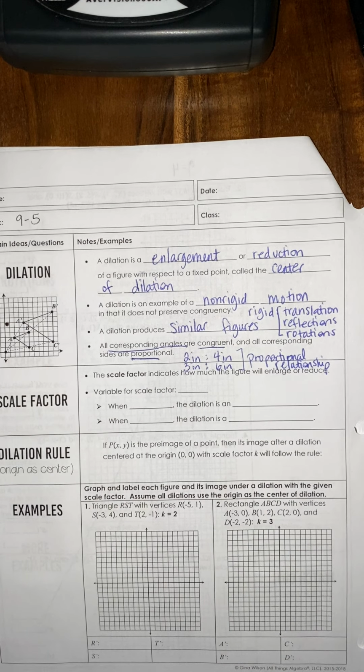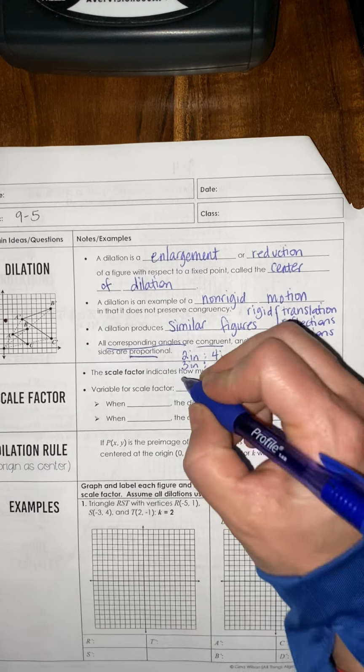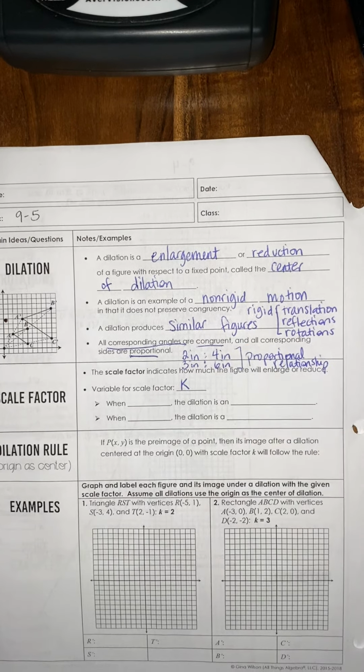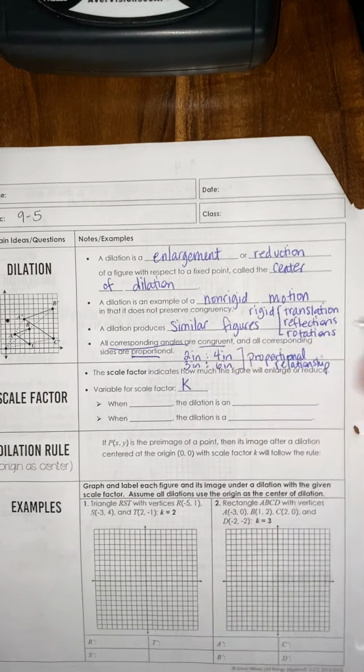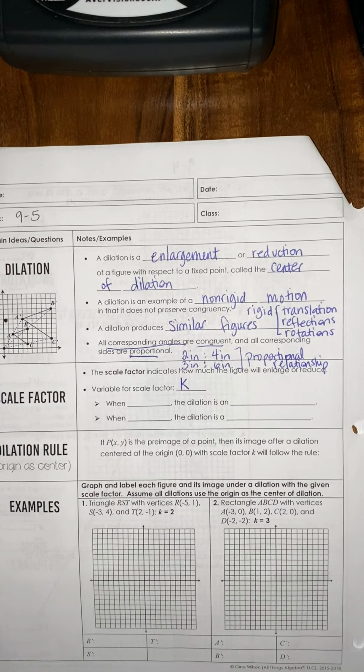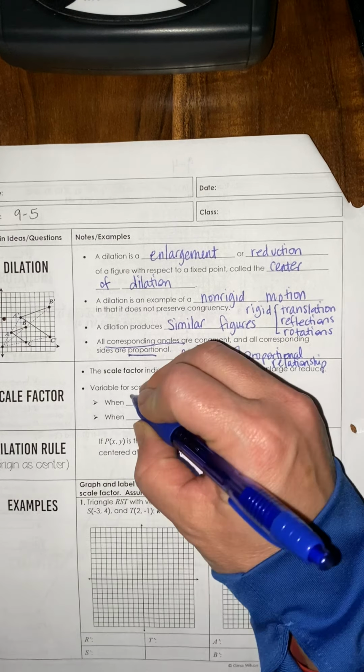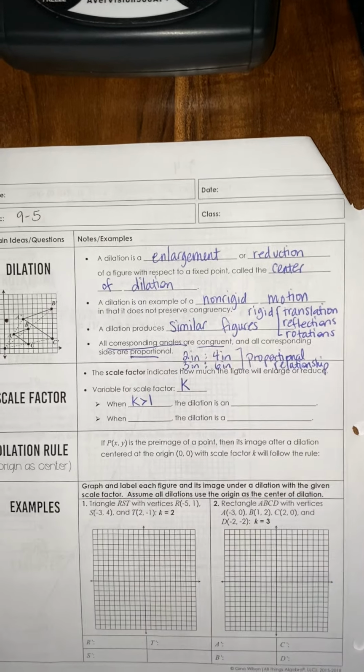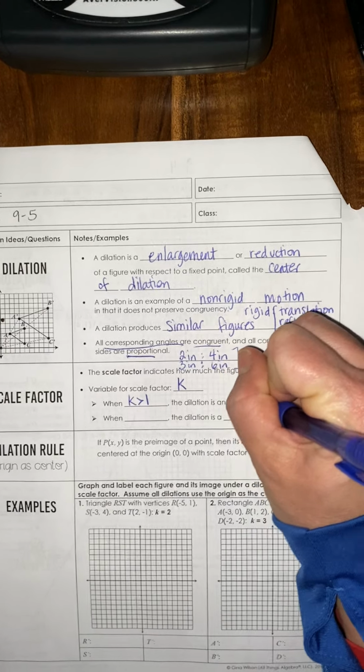Okay, scale factor. The scale factor indicates how much the figure will enlarge or reduce. Variable for scale factor is commonly K. You know how we have a variable for stuff? Well, that's the one we're going to use when we're talking about dilations. When K is greater than 1, the dilation would be an enlargement.